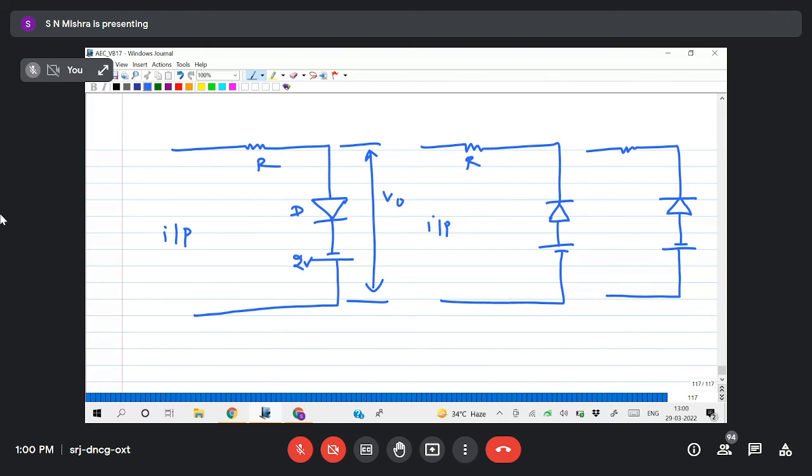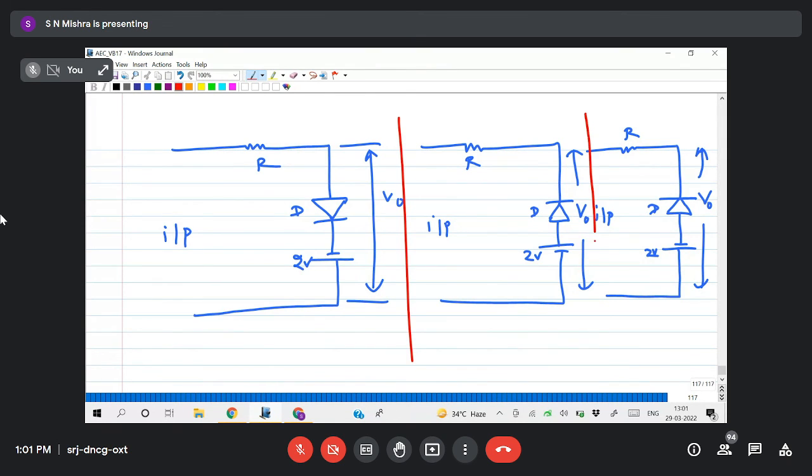Input, R, D, 2 volt; input, R, D, 2 volt; here to here output voltage, here to here output voltage. Okay, 3 circuits I have done. This is first, this is second, this is the third. 1, 2, 3.